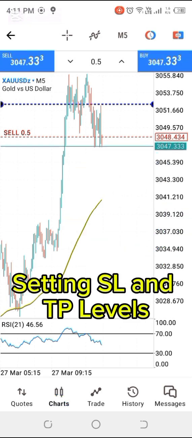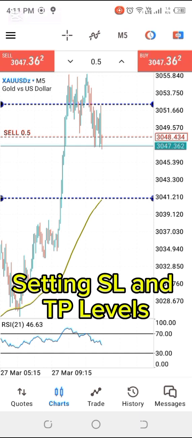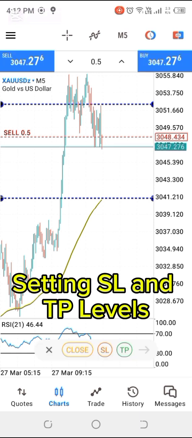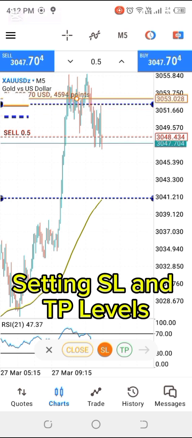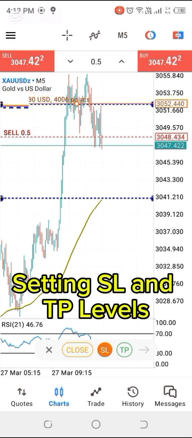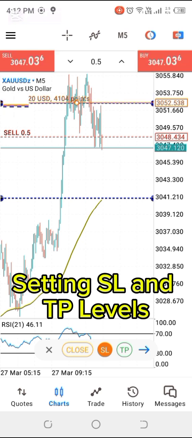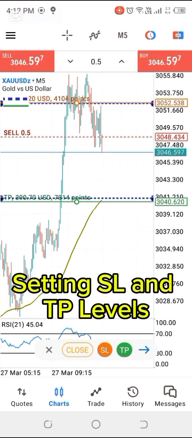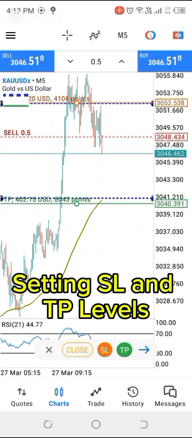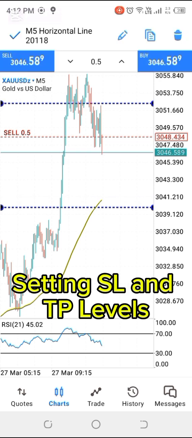Then I decided to set my take profit levels and my stop loss level. Of course, my stop loss level is above the previous swing high, or above that resistance level, and my take profit is always 1 to 2, and that's why you can see I was measuring the stop loss level, which is 200 USD, and then my take profit is 400.